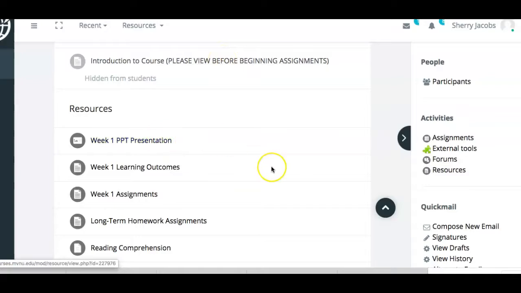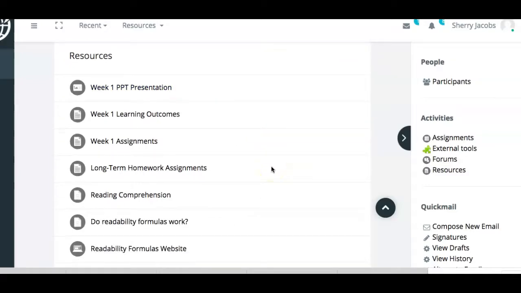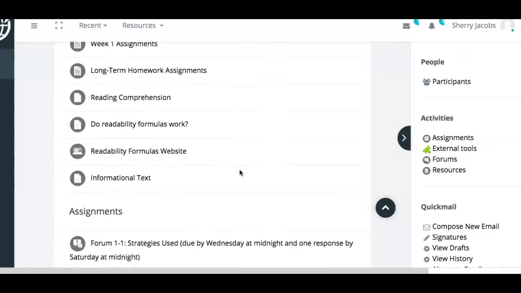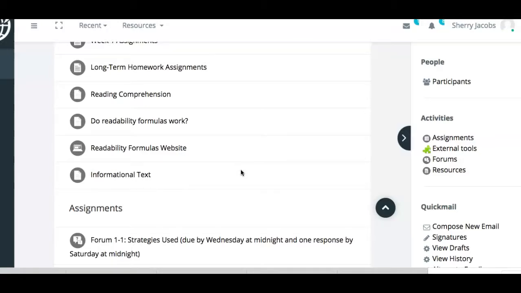So each week is set up so there's a list of the resources that you'll use and then a list of the assignments. For example, here's the PowerPoint presentation for week 1, your learning outcomes, your assignments. That long-term homework assignment is stuck in there again for you. And then there's information that you need to read on reading comprehension.